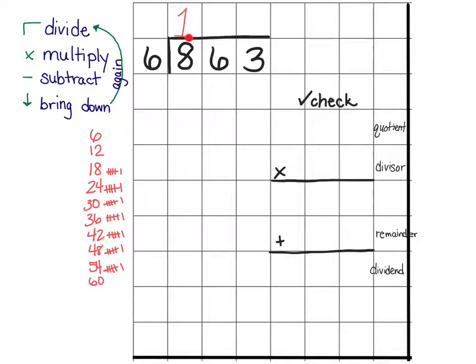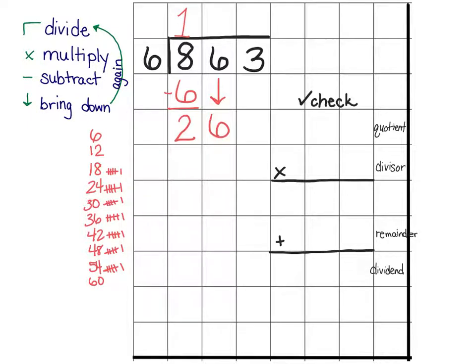So we say 1 times 6 is 6. Then, now that we've multiplied, we need to subtract. 8 minus 6 equals 2. And then, of course, we need to bring down. So we're going to bring down the 6.